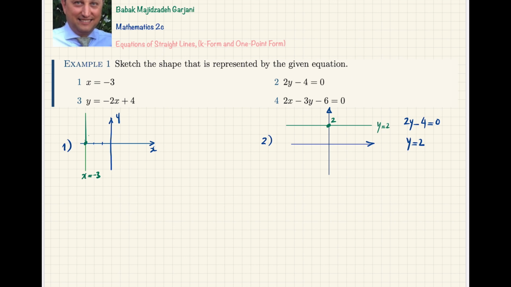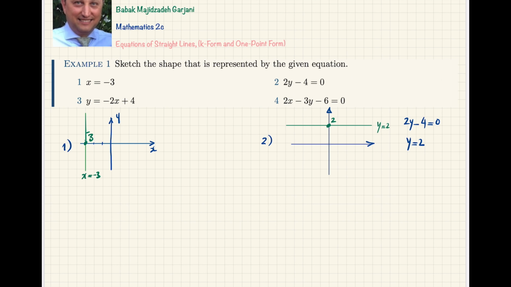Here this point is minus 3, sorry. Okay, but what happens if I want to sketch the graph of this? What is your suggestion? Because this is neither a horizontal one nor a vertical one. Doesn't this follow the kx plus m pattern?